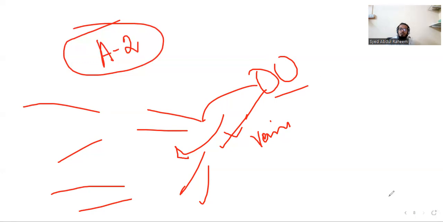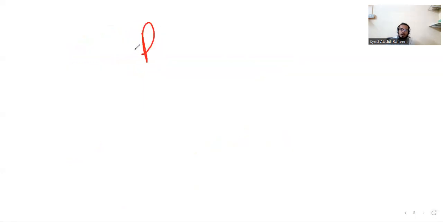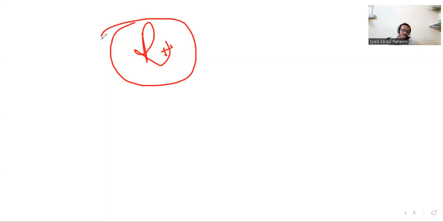The second thing is that it will work on the right side of the heart, because the design of A2 is properly made to work on the right side of the heart. A1 is the left side of the heart, A2 the right side. The right side of the heart has deoxygenated blood, so impurity will be collected with the help of veins.